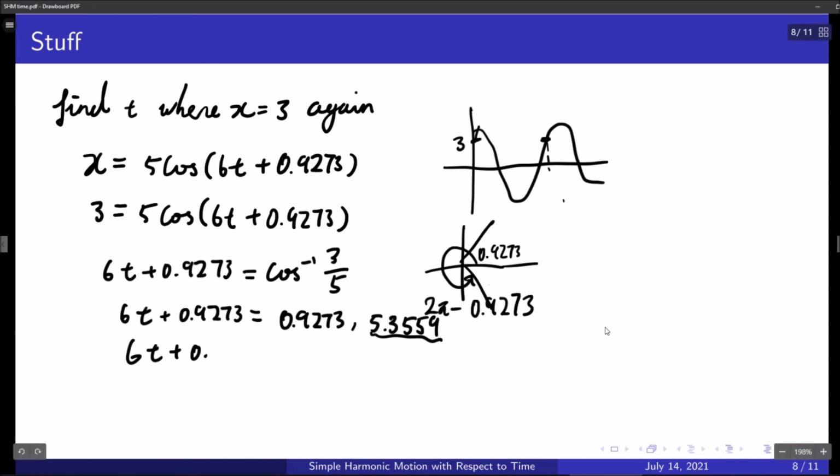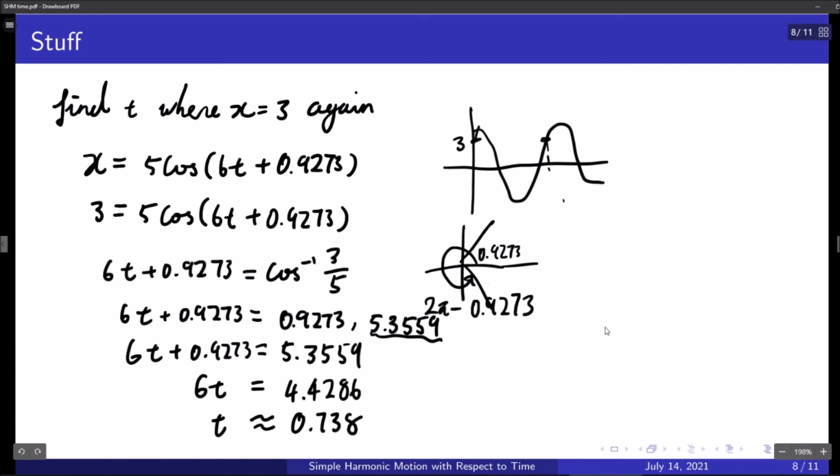So 6t + 0.9273 equals 5.3559, and then 6t equals, subtracting, approximately 4.4286, and then we divide both sides by 6, so it's approximately 0.738 seconds.